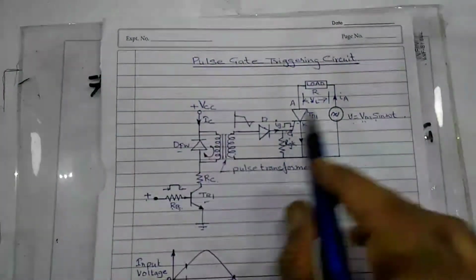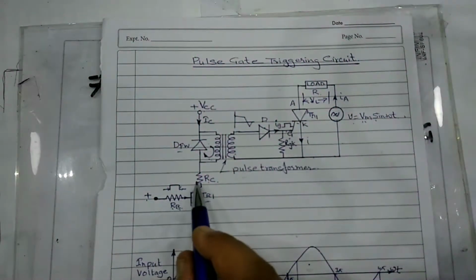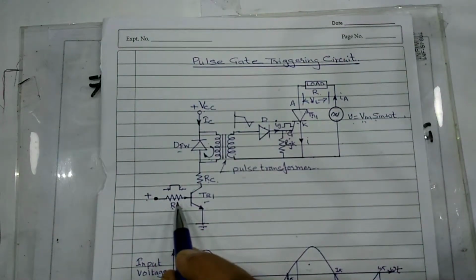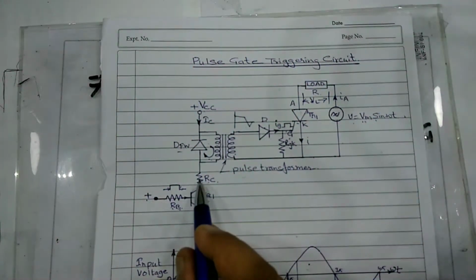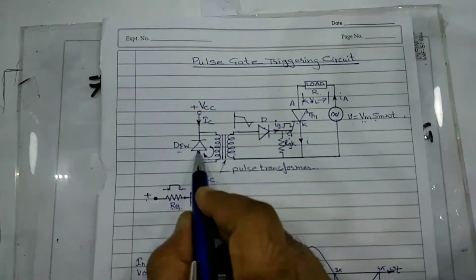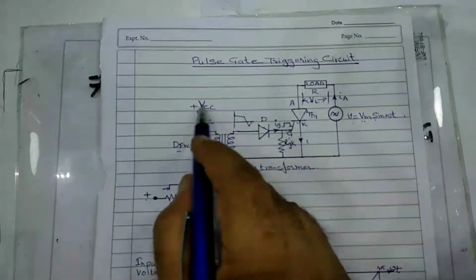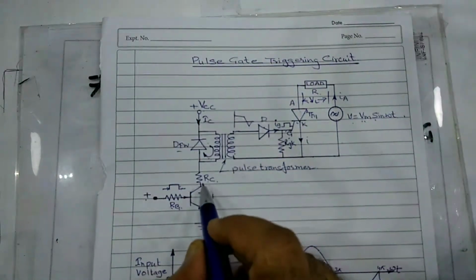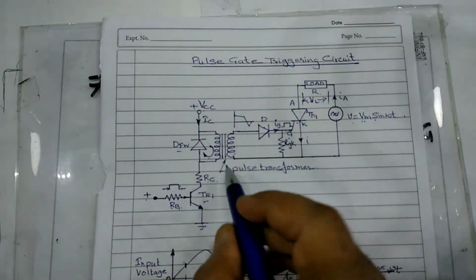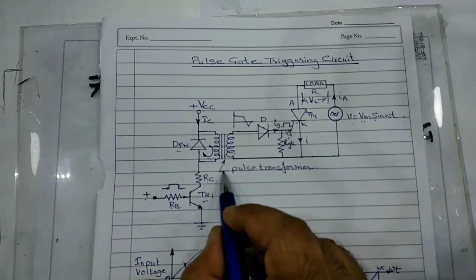So this circuit consists of a transistor with a resistor connected on the base as well as on the collector side. A freewheeling diode on the collector with a DC supply plus VCC, which is connected to the collector circuit. Collector is also connected to the primary of the pulse transformer.